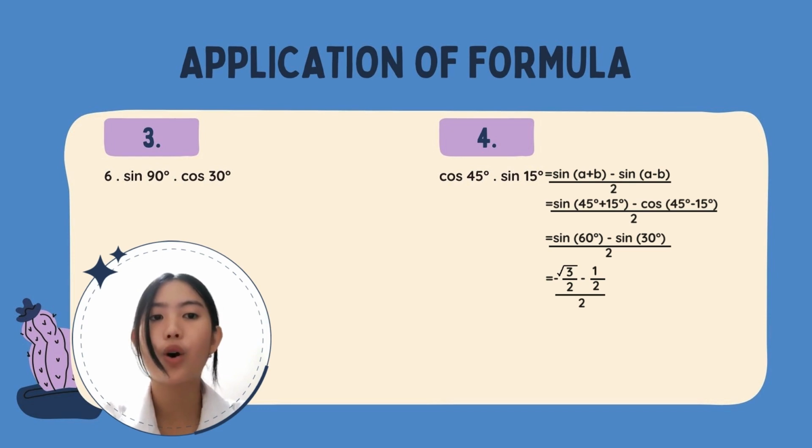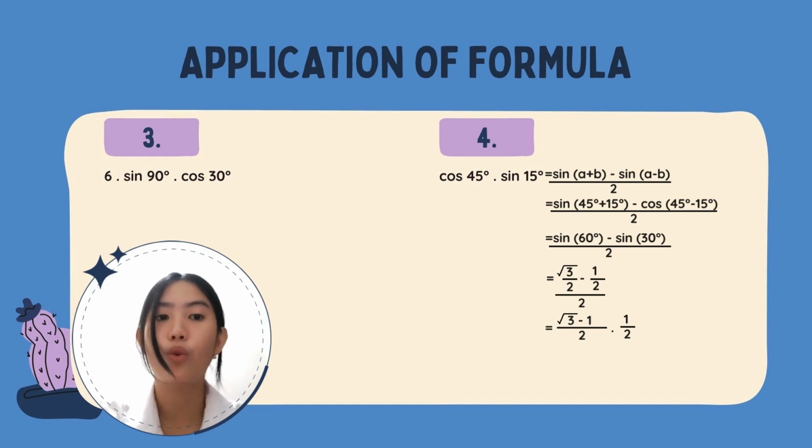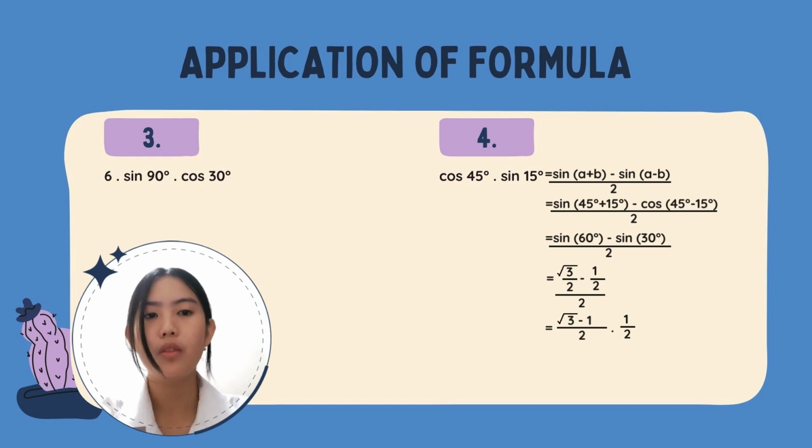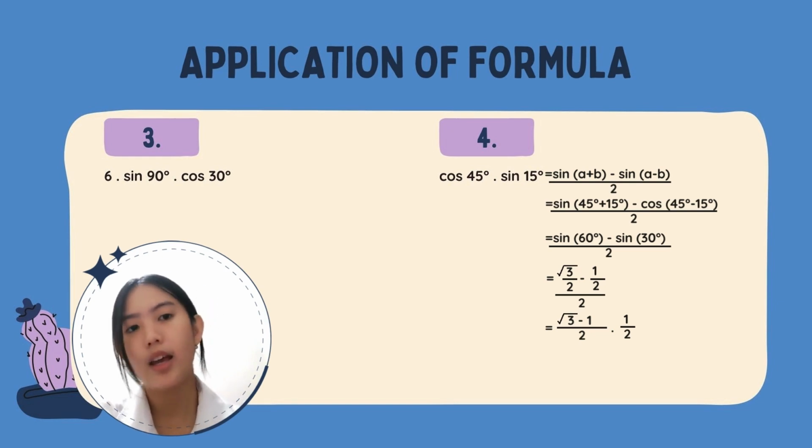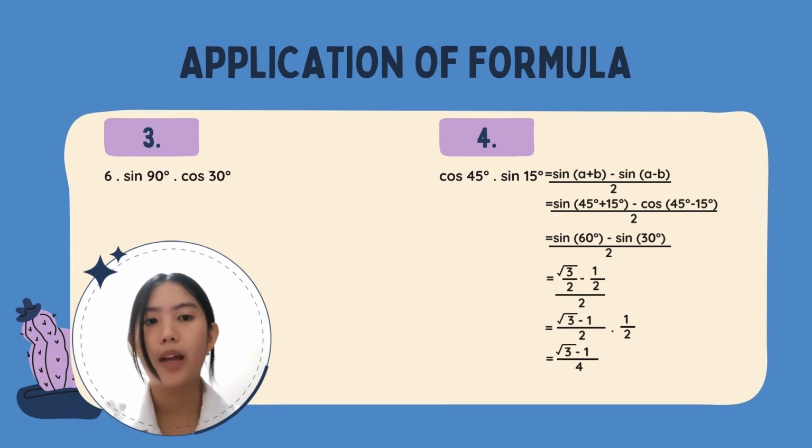And the over 2 on the very bottom is a division, so we can change it into a multiplication, like I said, by switching the side of the denominator and also the numerator. So write down root 3 minus 1 over 2 times 1 over 2. And then for the final answer, we write root 3 minus 1 over 2 times 2 equals 4. So this is the final answer.